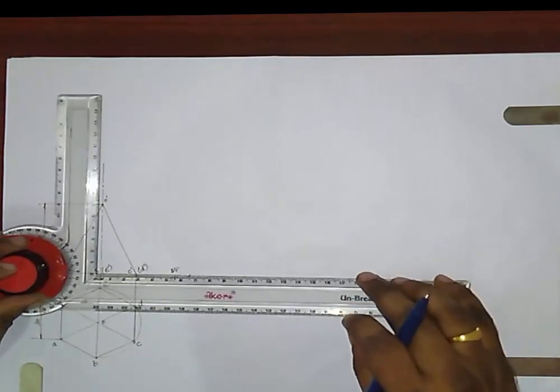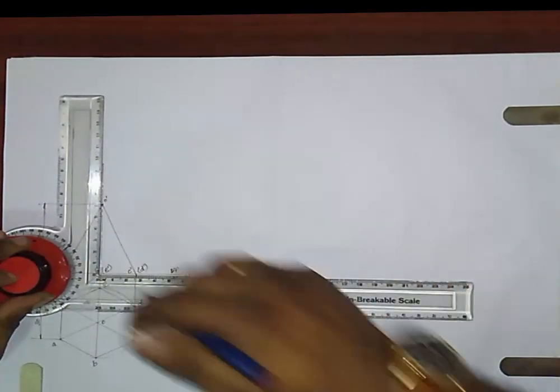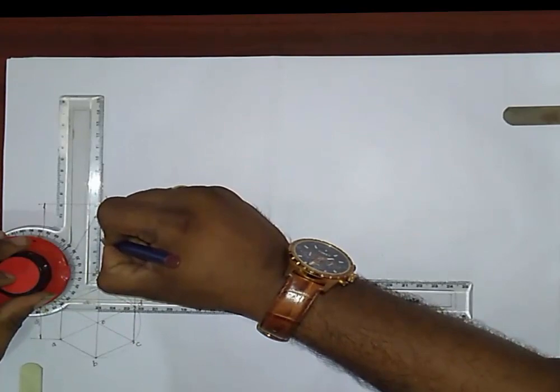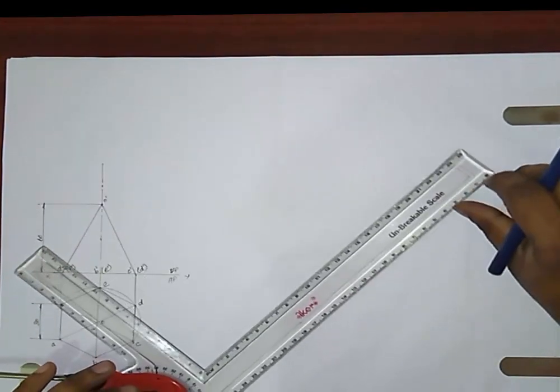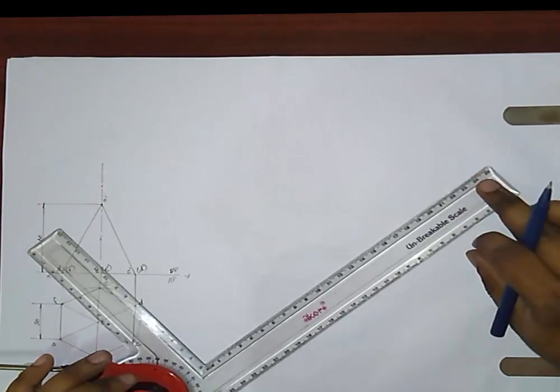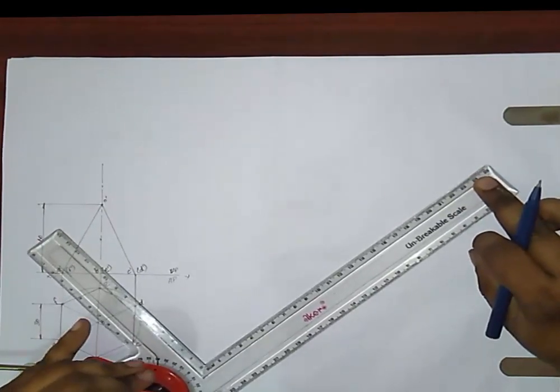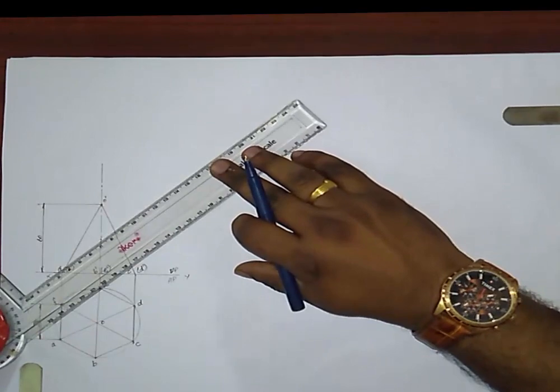Like this. Now next thing I have to draw the cutting plane. In the problem it is given that the cutting plane bisects the axis and it makes 40 degrees to HP. What should I do? The axis height is 60 mm and I have to mark 30 mm from the base or the top, this point. The cutting plane has to be at a 40 degree line and it has to pass through that point like this.